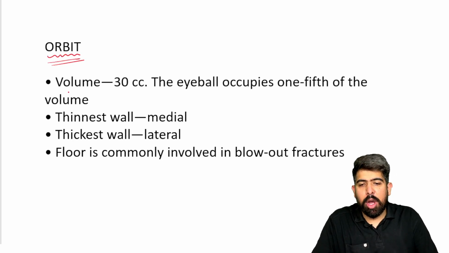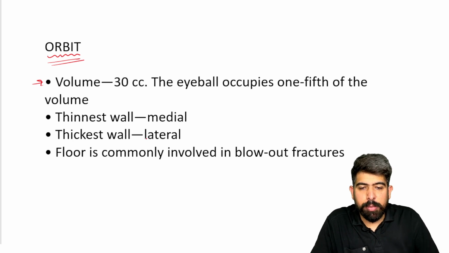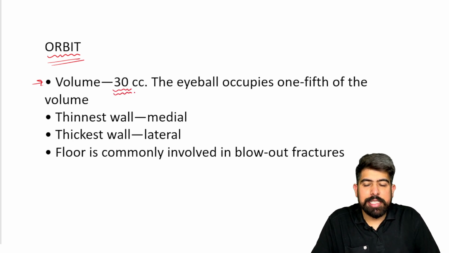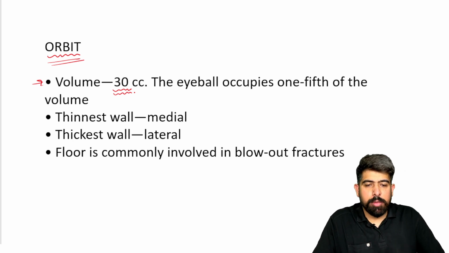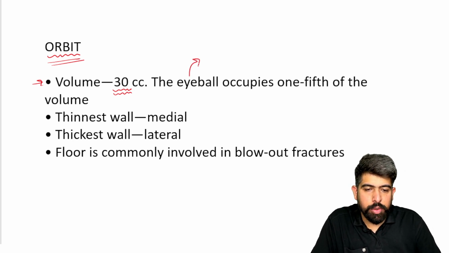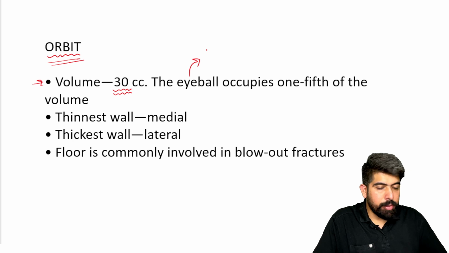If I'm talking about the orbit, first of all, the volume of the orbit is 30 cc. And you already know about the eyeball. Can anyone tell me in the chat box how much for the eyeball?